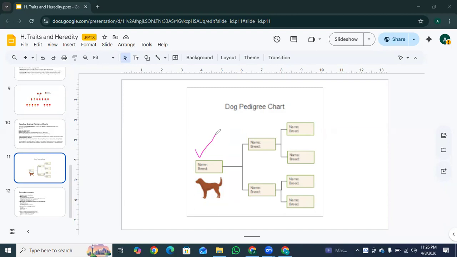It shows the dog's name and its breed. These two boxes basically show the dog's mother and father. And the four boxes on the far right show the dog's grandparents.